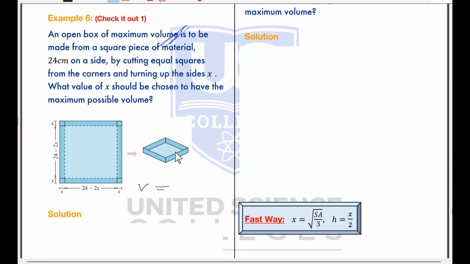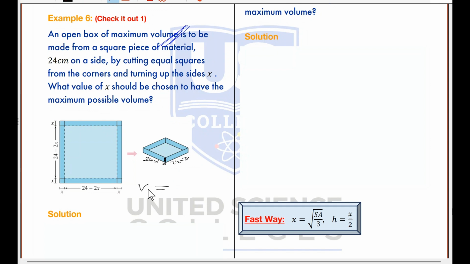We consider this a three-dimensional figure, when you fold the paper to make a box. It's going to be length times width times height, right? So base area times height. What is base area? 24 minus 2x, and this part is also 24 minus 2x, and this folded part is x.